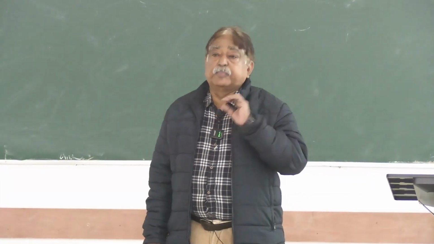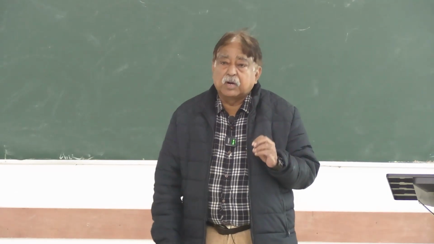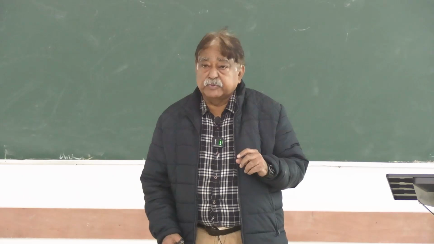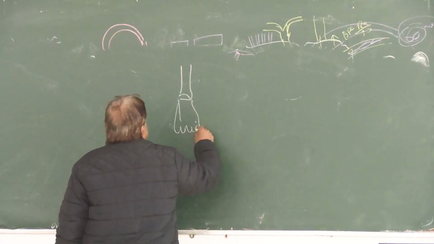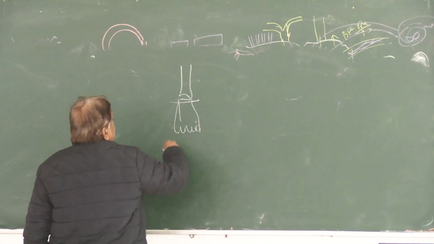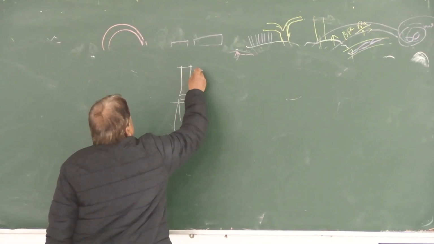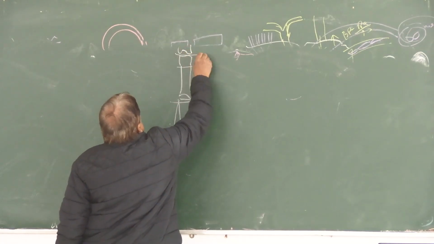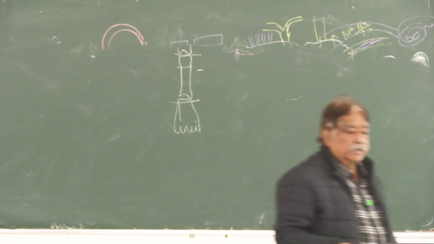Then where will you amputate? Only the toes or your Syme's amputation, from this portion or this portion or below the knee, above the knee, which portion?